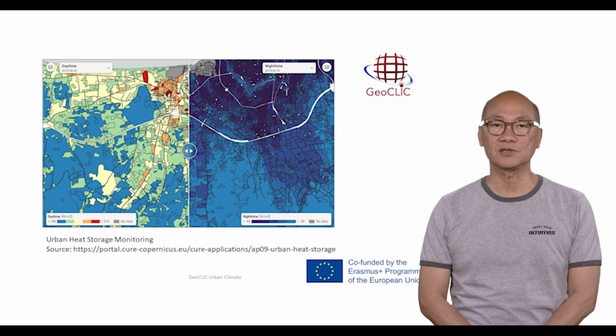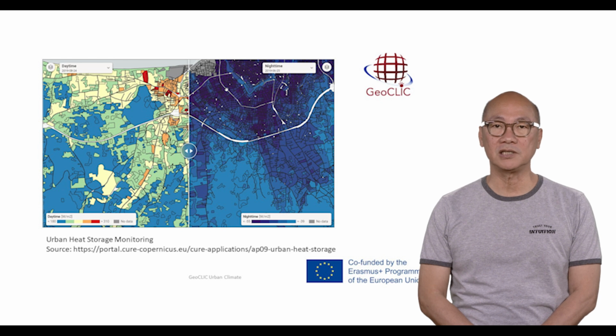This slide shows the CURE urban heat storage monitoring application. It is extracted from the website of Copernicus for Urban Resilience in Europe, or CURE. It deploys various Earth observation and in situ urban data to monitor urban heat storage.